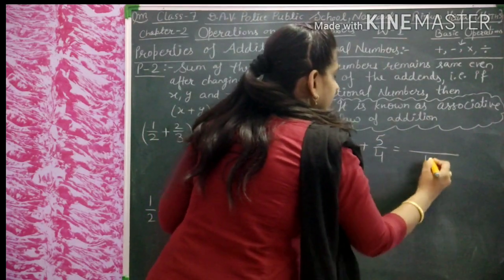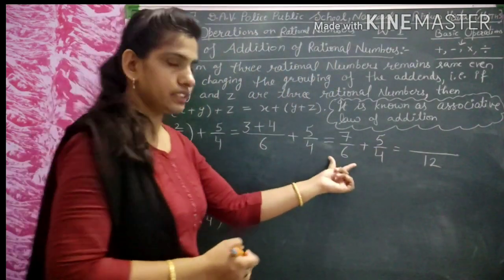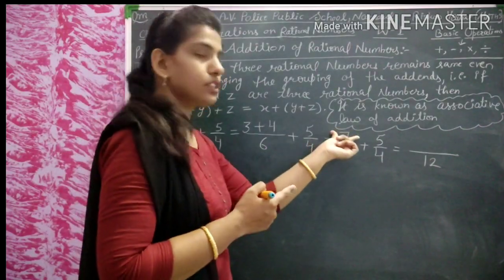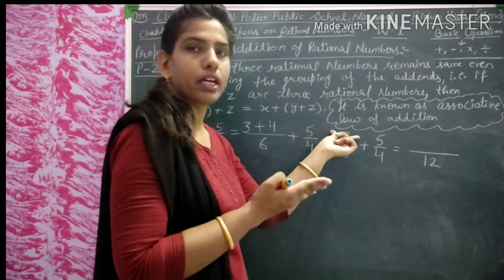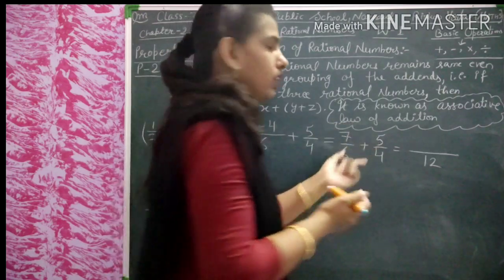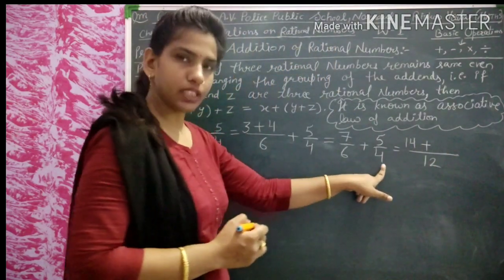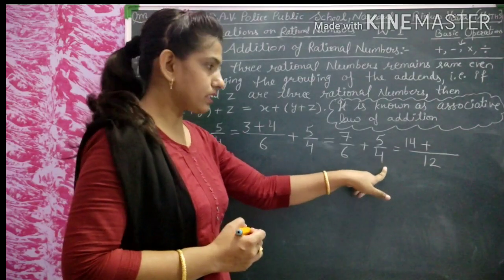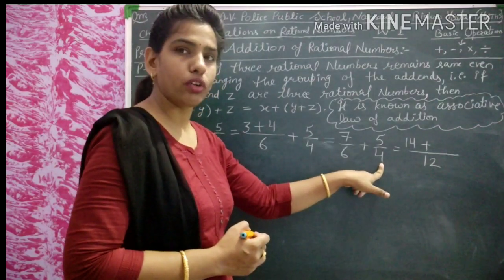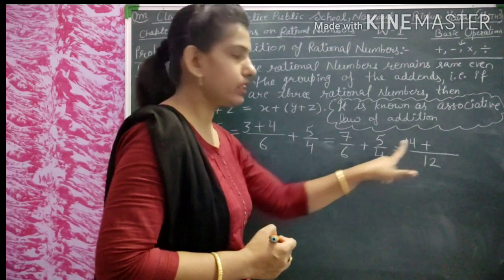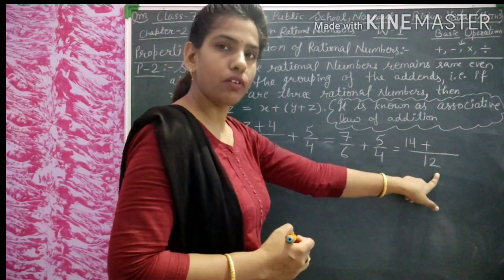Now we take the LCM, that is 12. 6 times 2 is 12, so the numerator is also multiplied by 2, and 7 times 2 is 14. Plus, doing the same, there is the number 4. What number do we multiply to get 12?